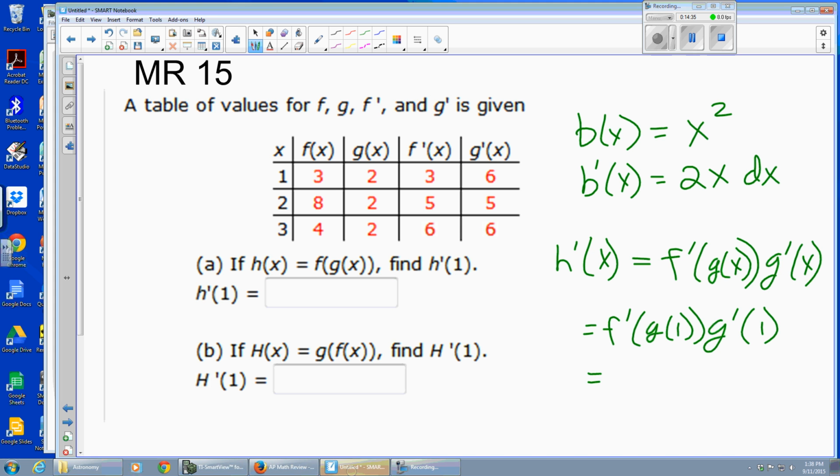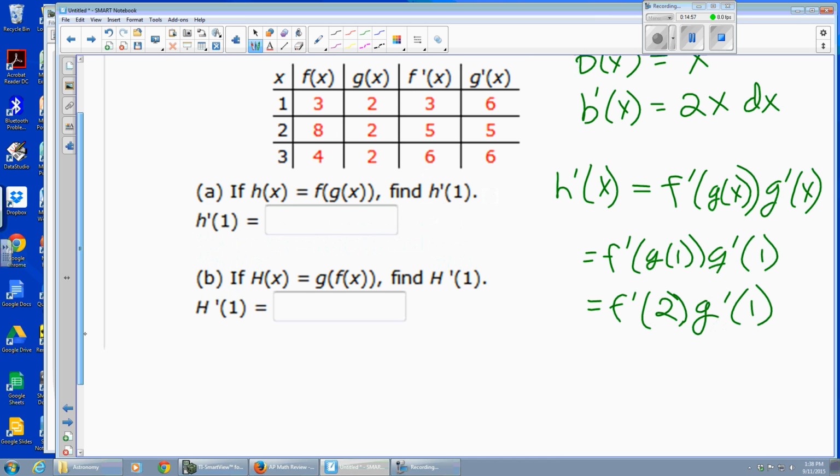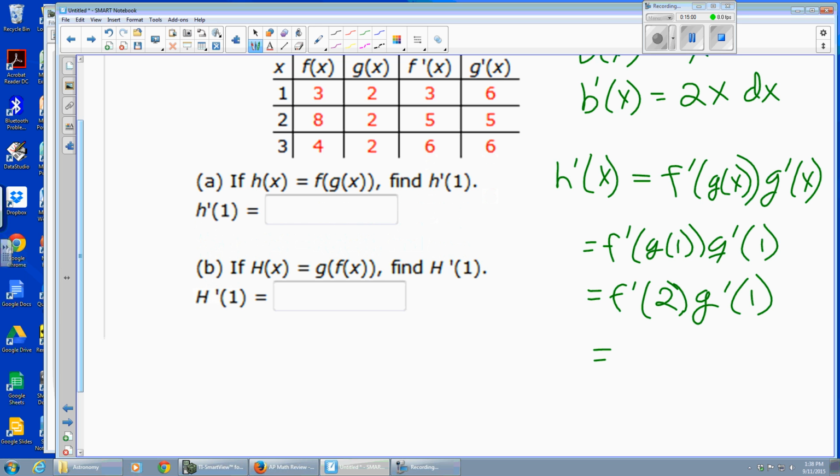Let's see, g of 1 is 2, so f prime of 2 times g prime of 1, which is, f prime of 2 is 5, g prime of 1 is 6, I believe mine is 30.